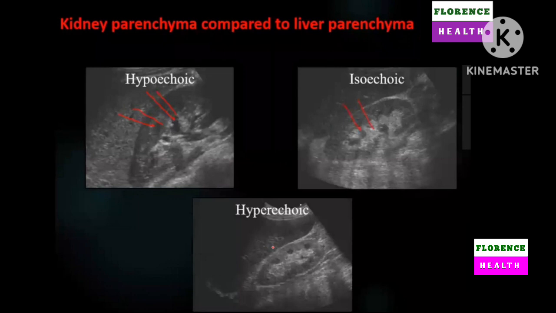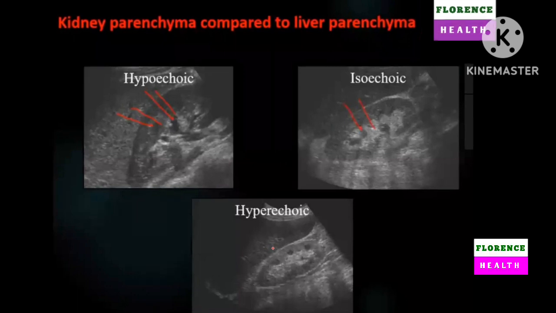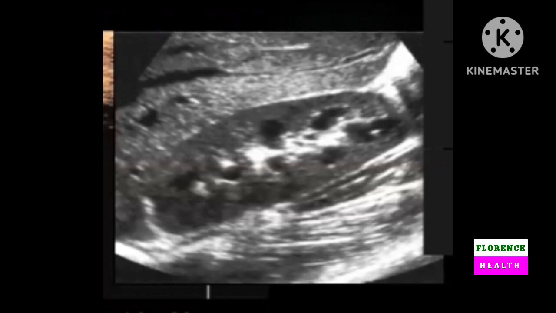The lower image shows the kidney parenchyma is hyperechoic, that is looking more bright compared to the surrounding liver. This slide shows the renal parenchyma or renal cortex is hypoechoic compared to the surrounding liver.